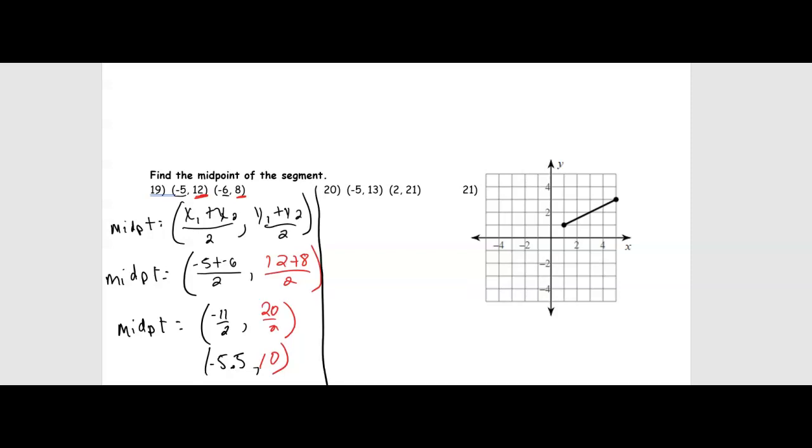You're basically just taking this formula and doing the exact same thing in number 20. If it's number 21 where you have a graph, you could do the same thing. We could call this the point (1, 1). We could call this the point (5, 3). With those 2 points, you can then just do the same formula that we did in number 19 and what you would have done in number 20.